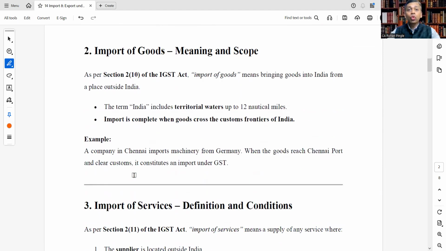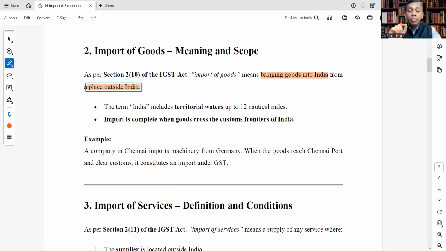Let's see import of goods, meaning and its scope. As per section 2 subsection 10 of IGST Act, import of goods means bringing goods into India from a place outside India. Simple. What is meant by import of goods? Bringing of goods into India from a place outside India.